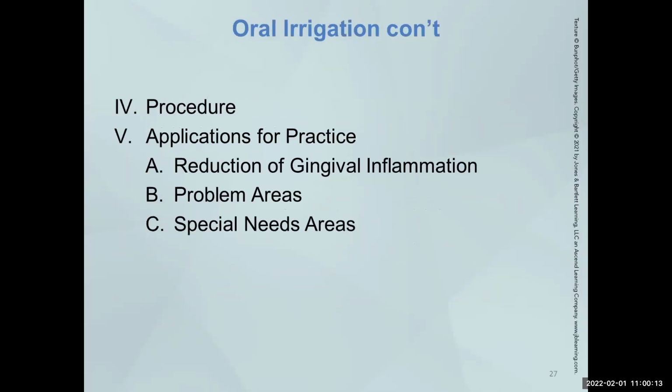I don't have a picture of this, we'll get into that in perio. You angle it towards the gum tissue and try to get that medicament underneath the gums. So if you've got chlorhexidine or Listerine or something like that, you're actually trying to get that chemical underneath the gum tissues. But your chapter 27 has pictures of those as well.